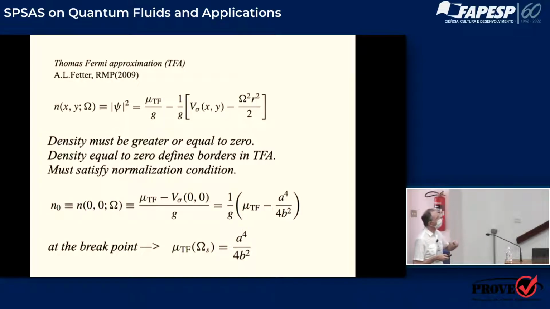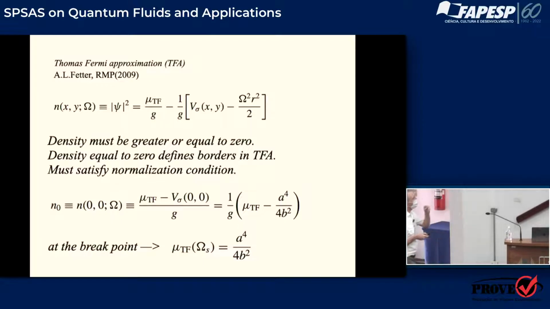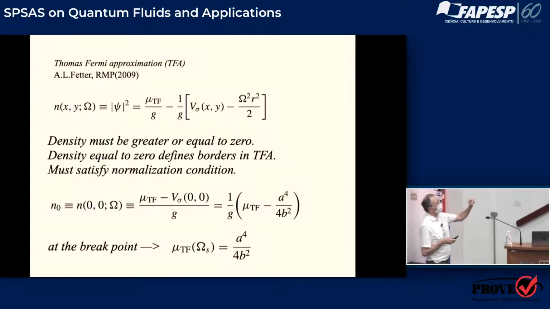And once you drop out the kinetic energy, the nonlinear Schrödinger equation, or the Gross-Pitaevskii equation, becomes much simpler, and you can throw to the other side all this part and make this psi square equals mu, that here I call mu Thomas Fermi, over G. But you see that because you have this omega L_z, you now have an extra term omega square R square over 2, because you consider that omega L_z you can replace like a solid body rotation.